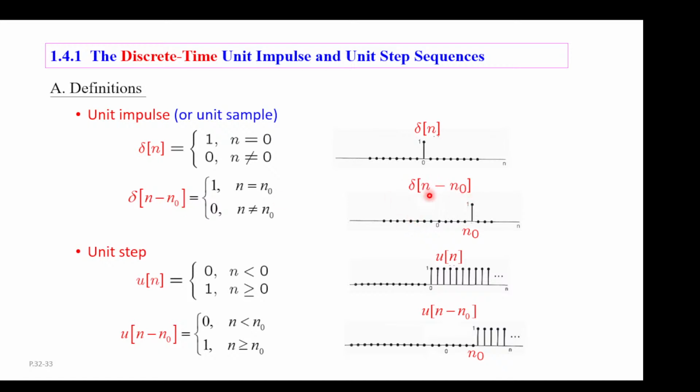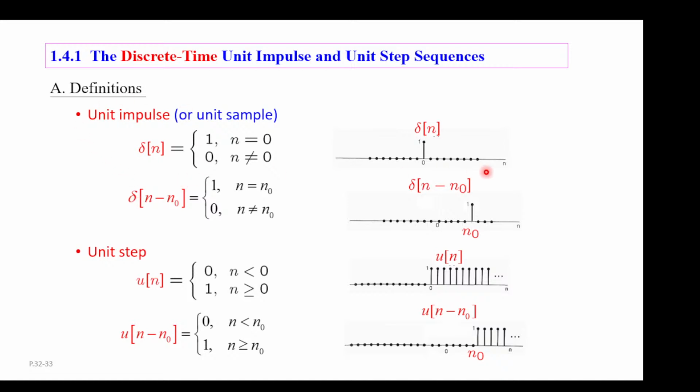If you put n equal to n0 here, then it's delta of 0, and delta of 0 equals 1. So this pulse should happen at n equal to n0. So with delta of n minus n0, you will have the unit impulse at n0. These are very simple functions, and both the original version and the shifted version we call unit impulse functions.